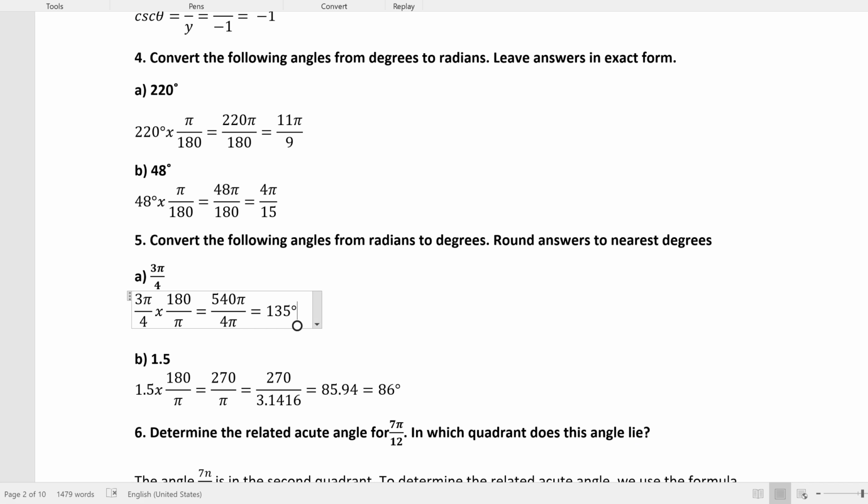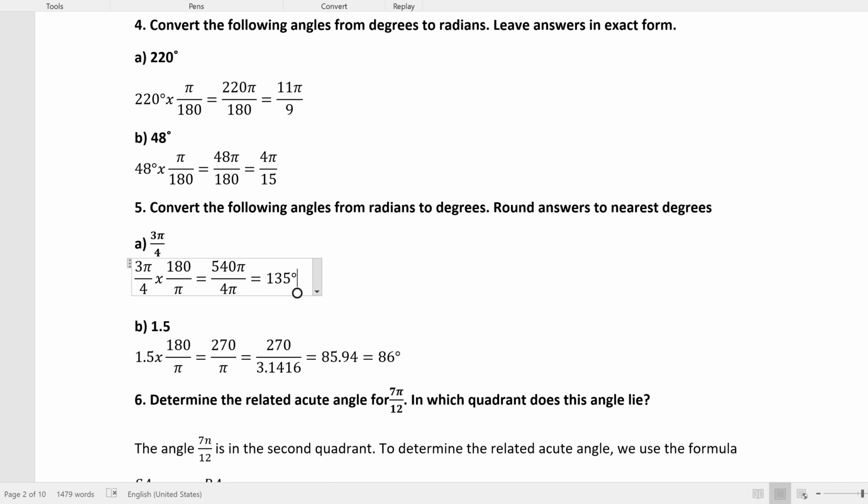Now the same thing, we're going to use the same rule for 48. Now convert the radians to the degrees, and now you're going to flip it. Rather than multiplying with pi over 180, you multiply with 180 over pi, and then you cancel the pi with pi, and you get the answer.